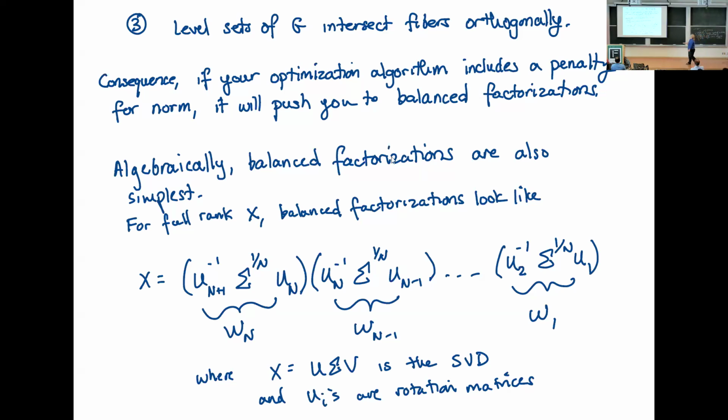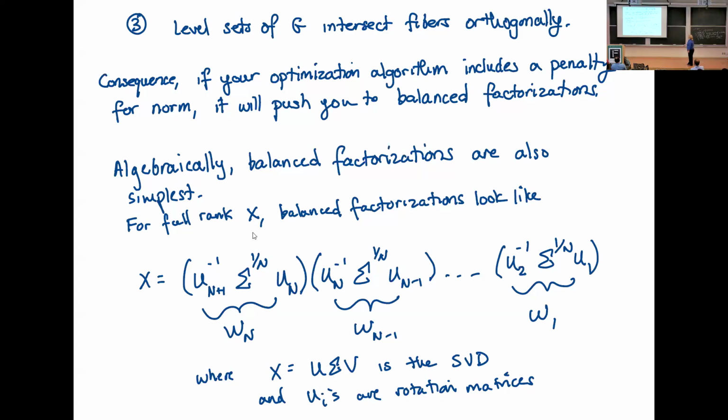Another way they're special is algebraically. These balanced factorizations are also the cleanest or the simplest. If you have your product X, you take X and figure out its singular value decomposition, where sigma is the diagonal matrix.